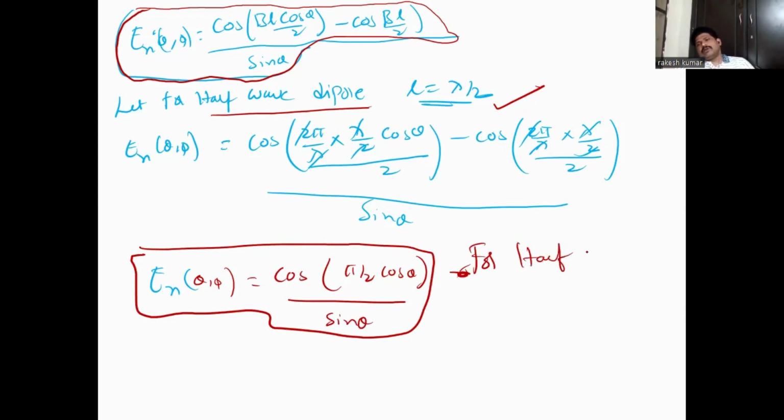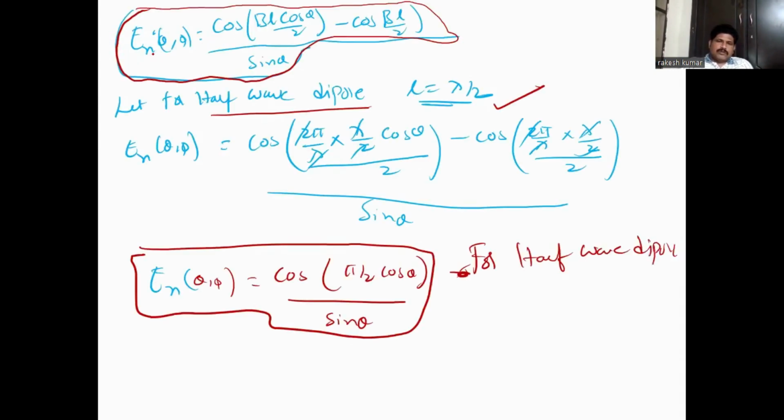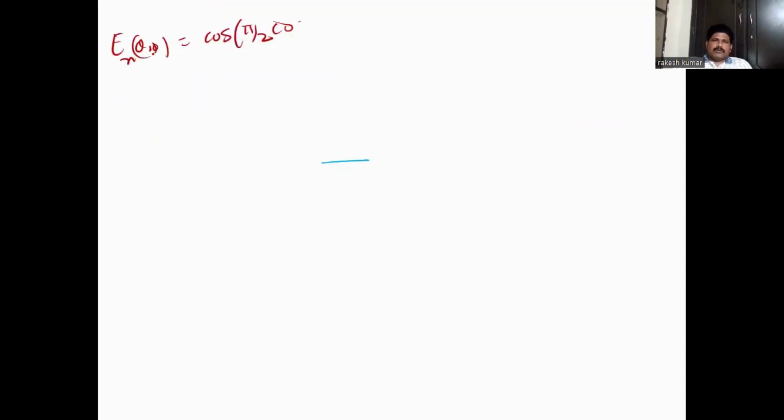Similarly, you can calculate for other values of L, anything, L equal to lambda or L equal to 3 lambda. How to draw the plot for this? So En of theta comma phi is equal to cos of pi by 2 cos theta by sin theta.